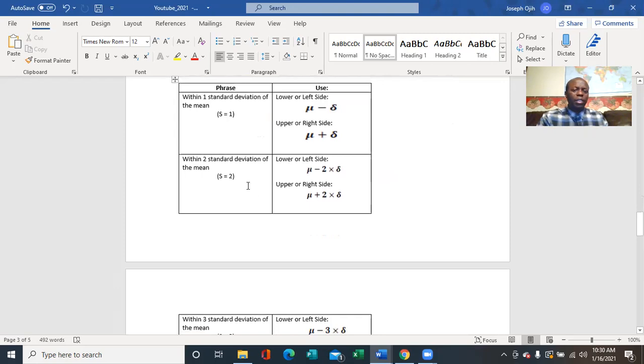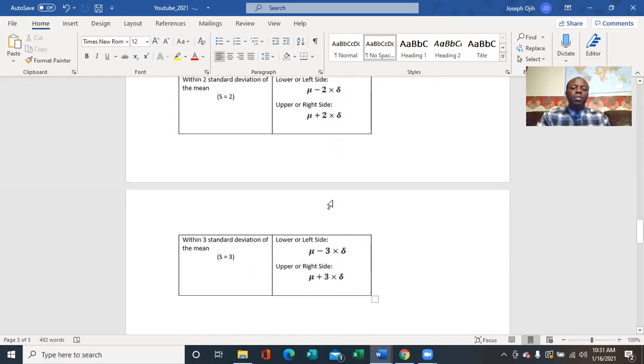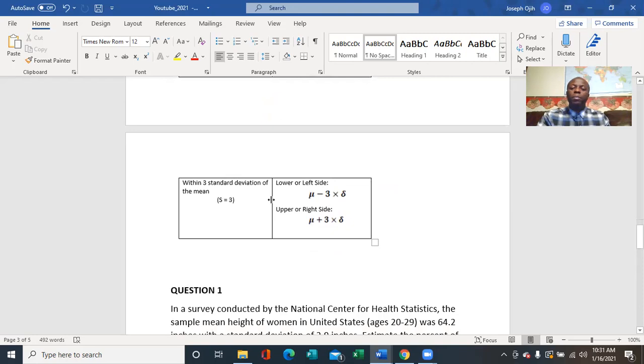When it is 2 standard deviations from the mean, use mean minus 2 times standard deviation on the left side, and mean plus 2 times standard deviation on the right side. When it is 3 standard deviations from the mean, use mean minus 3 standard deviations on the left side, mean plus 3 standard deviations on the right side.